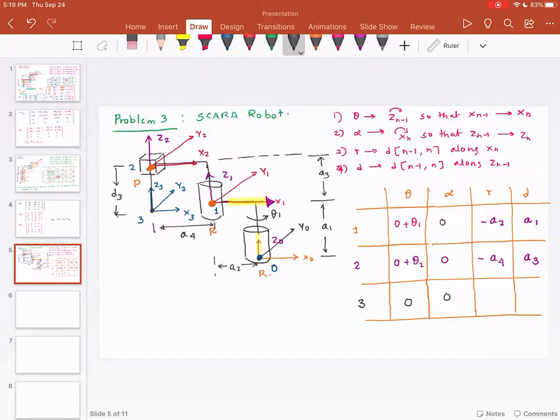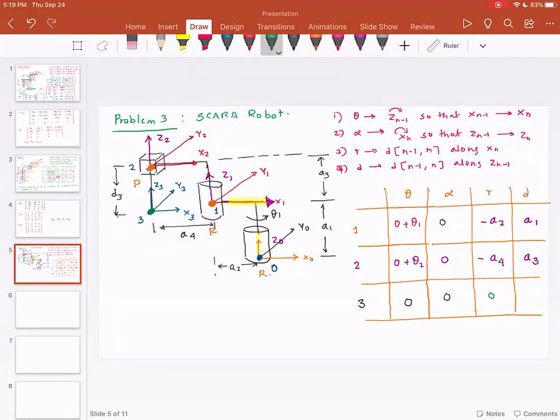R is the distance along x3 so that frame number 2 and frame number 3 are aligned. But if you look at the way the frames are, they are already aligned. There is no x offset, so this is going to become 0.